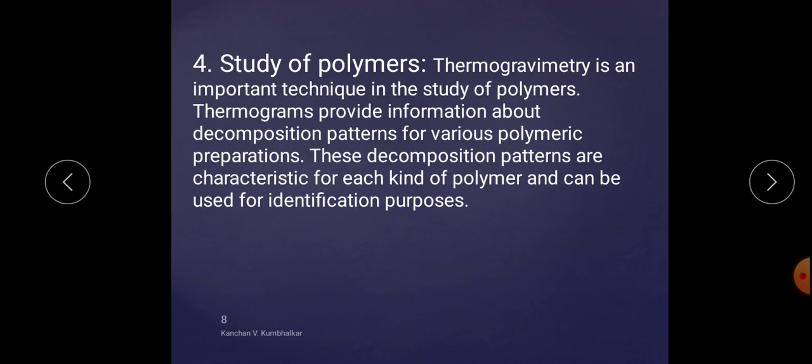This decomposition pattern is characteristic of each kind of polymer and can be used for identification purposes. By identifying the pattern of decomposition we can identify the type of polymer. This is the best example of the application in the study of polymers.